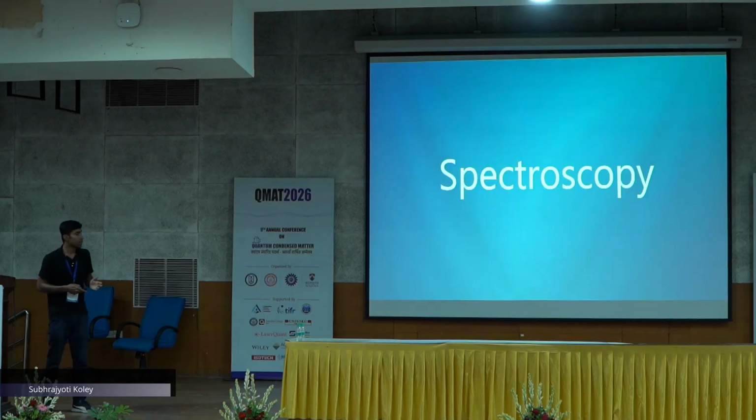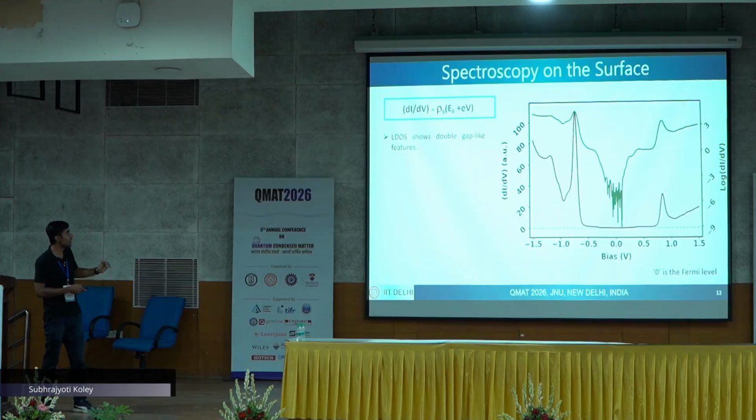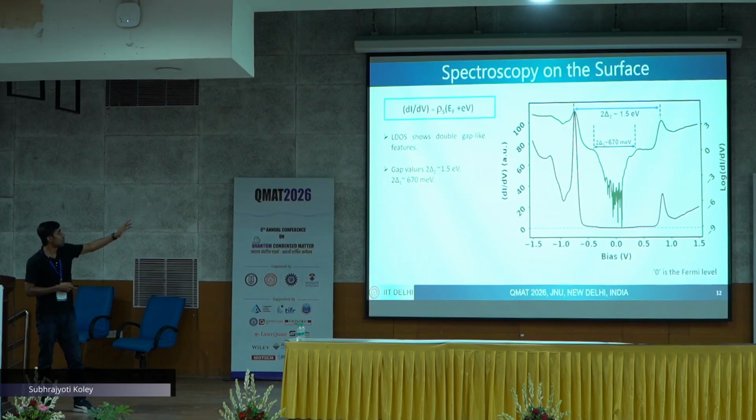From the spectroscopy, we found some type of gap opening around the Fermi level, but it looks like a double-gap feature: the outer one is almost around 1.5 electron volts, and the inner one is 670 milli electron volts. 1.5 is too high to be a gap, but this is coming from the sample, not from any artifacts. So we are getting these two gaps.